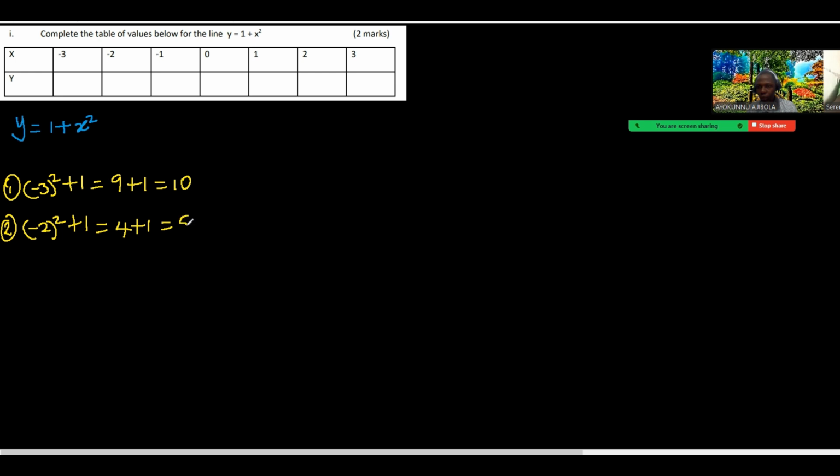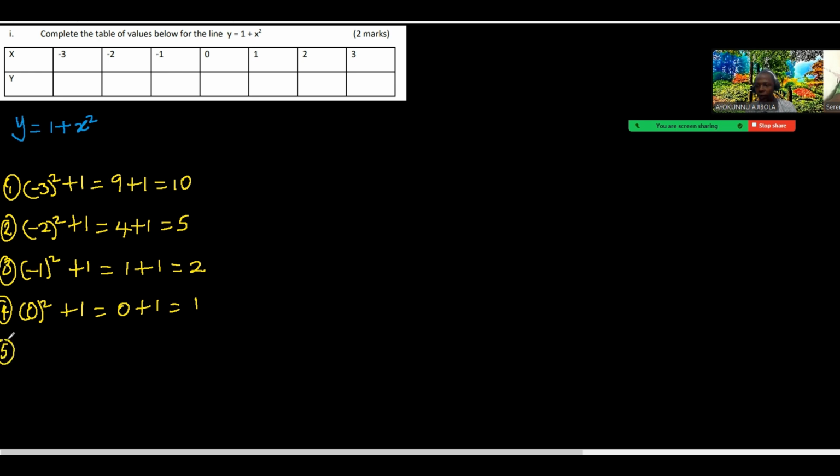And this gives me 5. Then what about the third value? -1 all squared plus 1. Then -1 squared is 1, then plus 1 gives me 2. Okay? Oh, number 4 now. So the fourth value of y is going to be 0 squared plus 1. And 0 squared is 0 plus 1, which gives me 1.